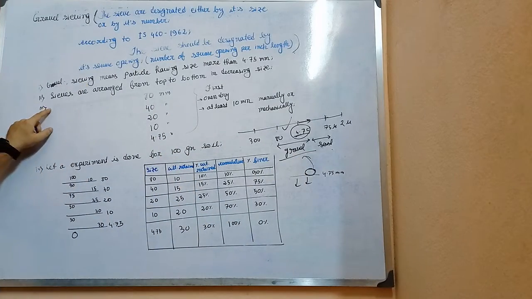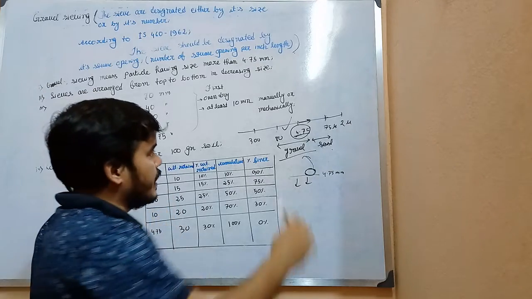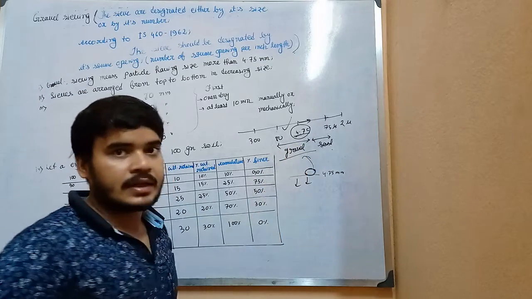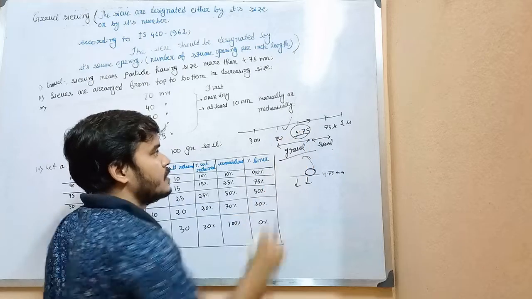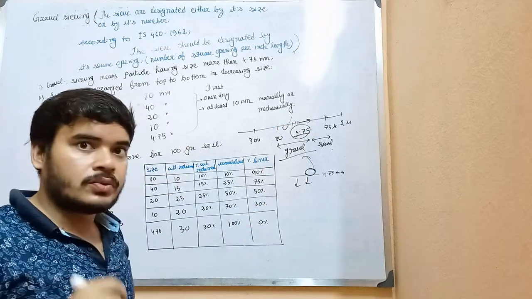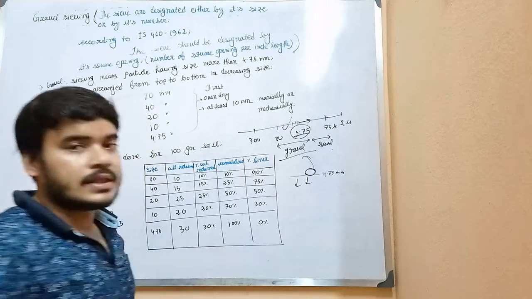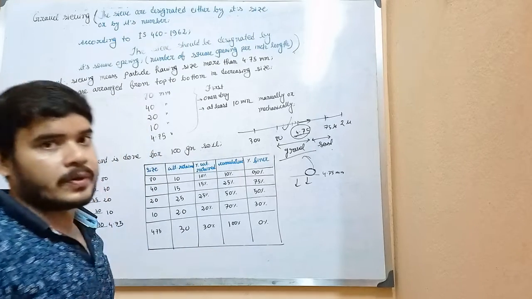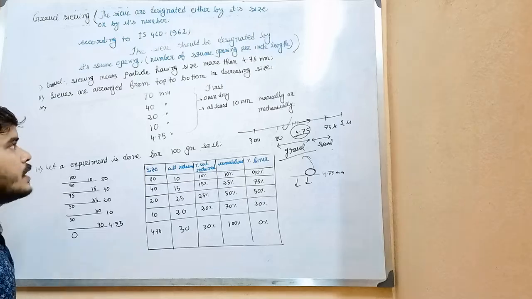Now, as gravel stays in the range 80 to 4.75 millimeter, there should be some intermediate sieves to distinguish the gravel more properly.